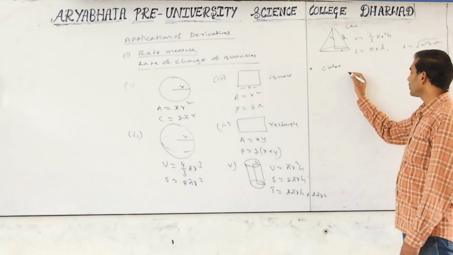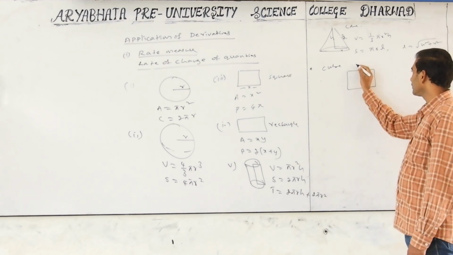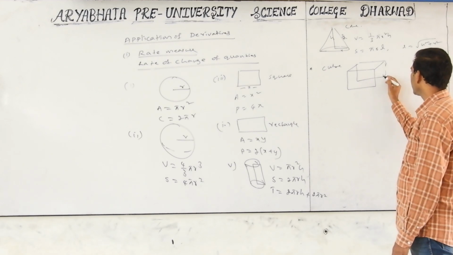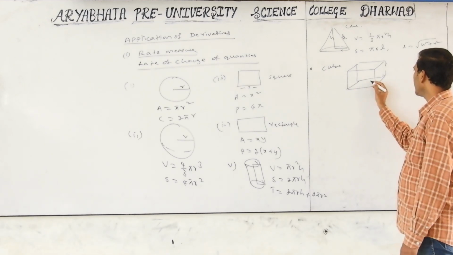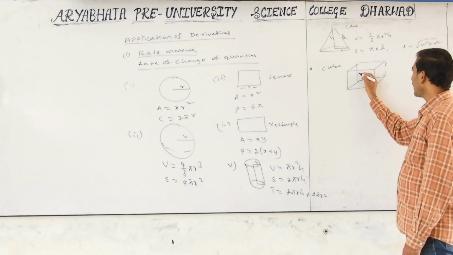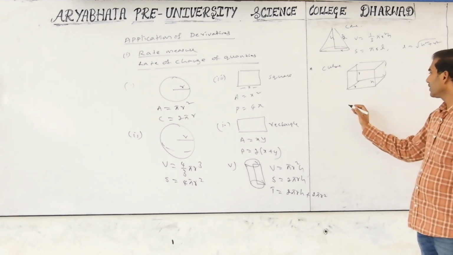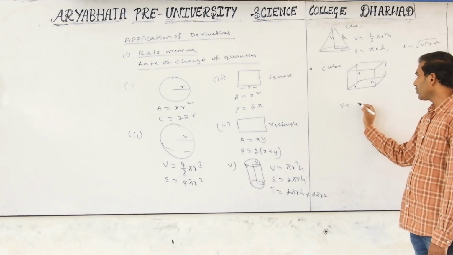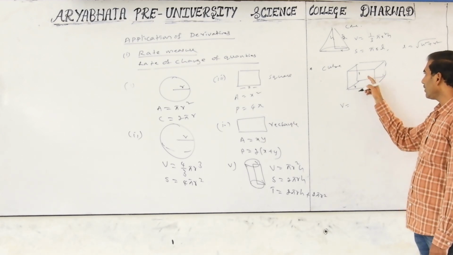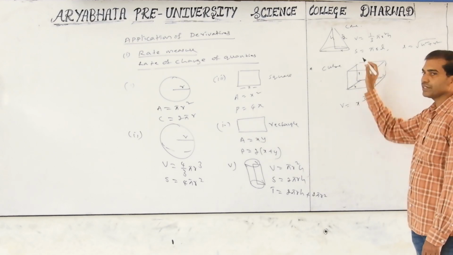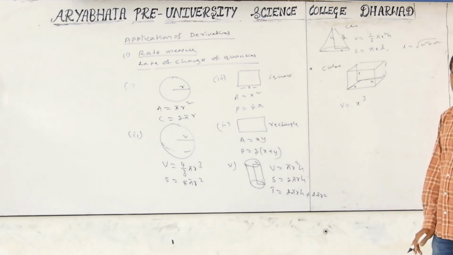Cube. Here x, all sides are equal, all edges. This is cube. The volume of cube equals x cube, length, breadth, height all are same.